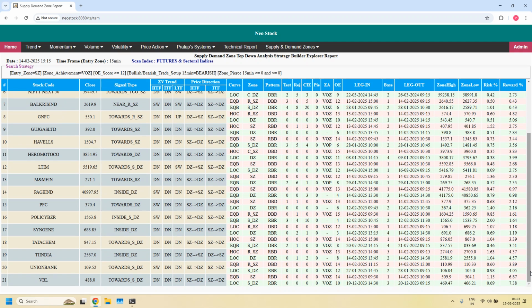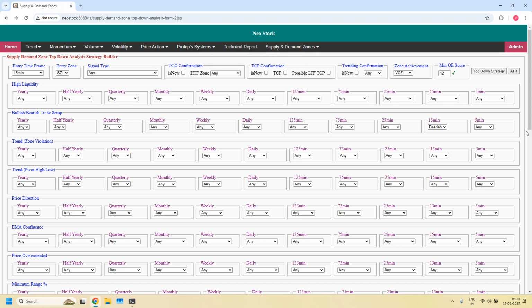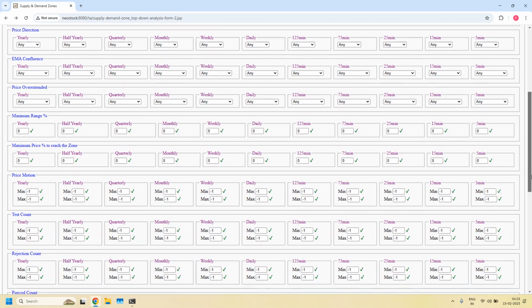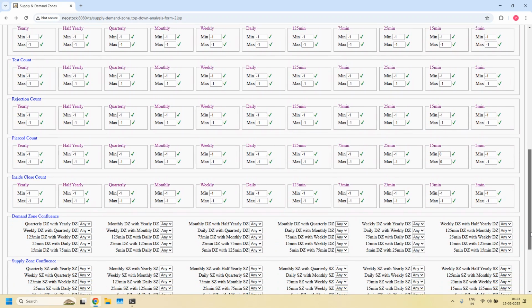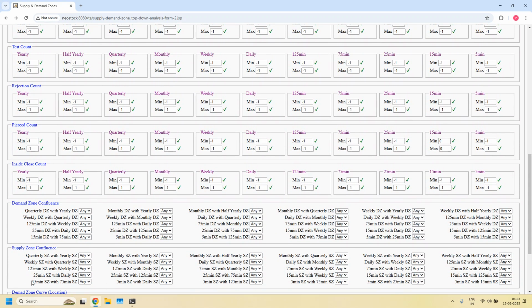Out of these 21 stocks for these 15 minute supply zones, how many are having ITF supply zone confluence? Let us verify. In the supply zone confluence, 15 minute supply zone having confluence with 75 minute supply zone or not. We are verifying.